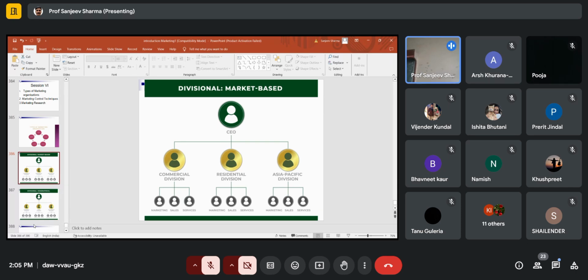Whenever you draw any organization structure, please remember: chief executive officer, you can name it anything, director or president. He reports to the members of the board of directors. He reports to and is a member of the board. So we denote it like this.